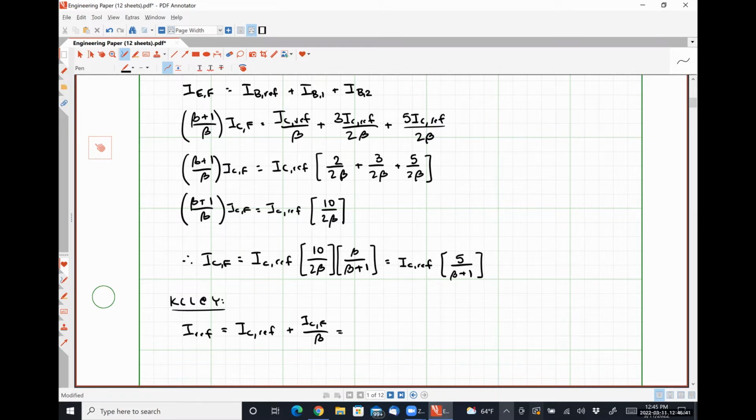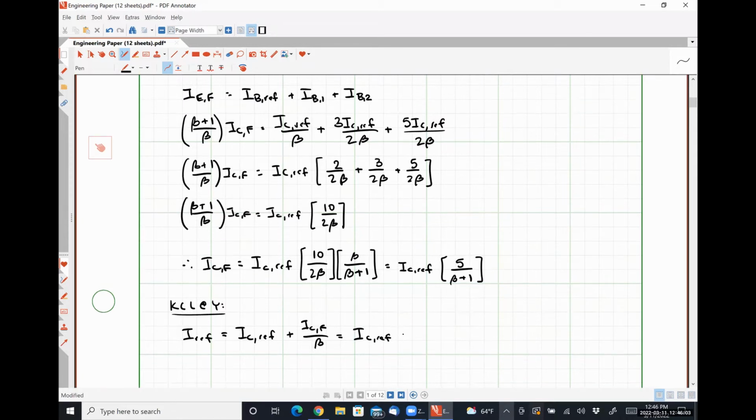So I can substitute this expression for ICF into here, and I have now everything in terms of IC ref. So that's going to give me IC ref times 1. Actually, let's do it a different way. IC ref plus IC ref over beta times beta plus 1.